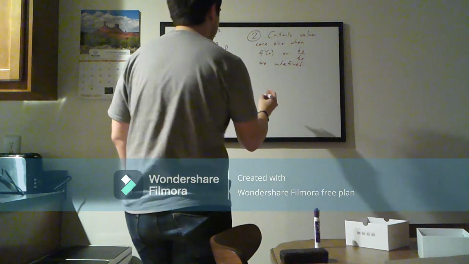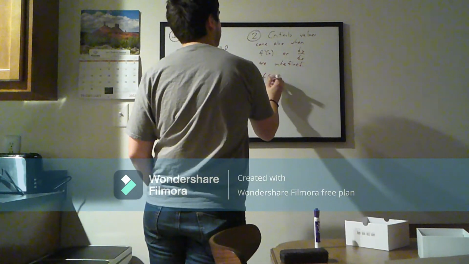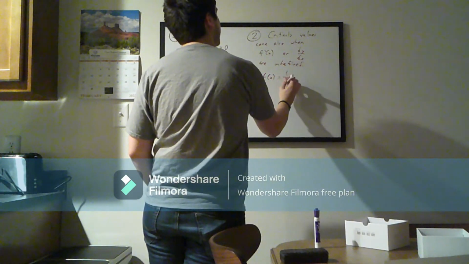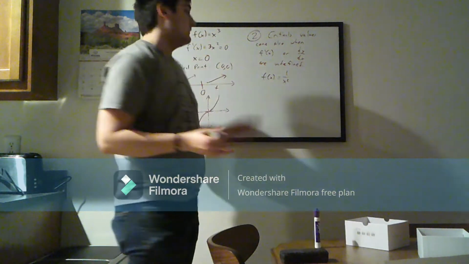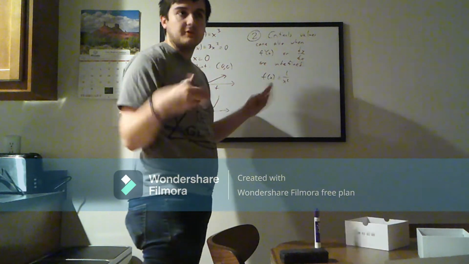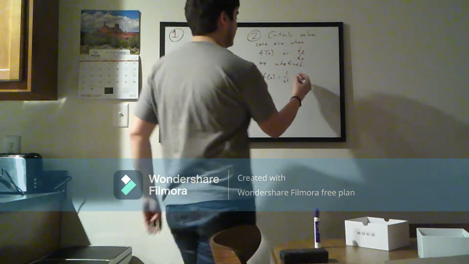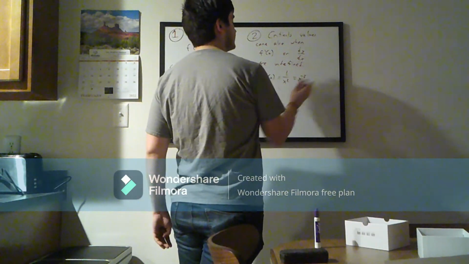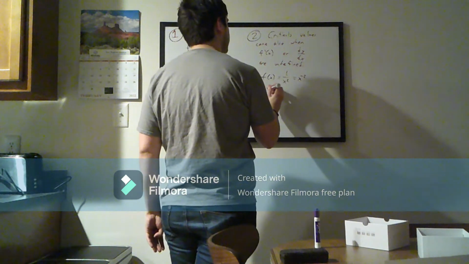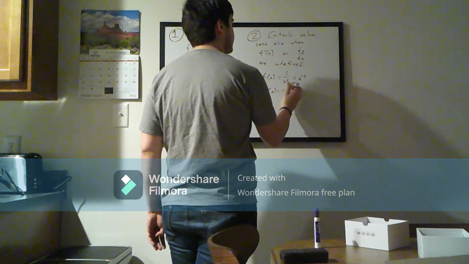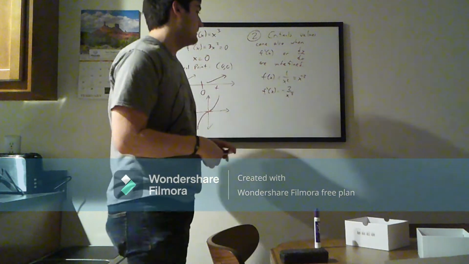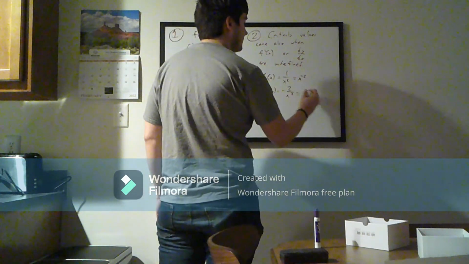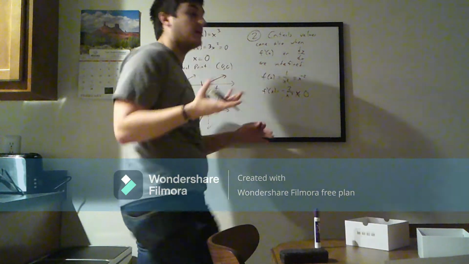So, here's a good example. Let's talk about f of x is 1 over x squared as a function, right? When we take the derivative of this, and you should be able to remember some of your derivative rules, we want to rewrite this as x to the negative second power. So then f prime of x is going to be negative 2 over x cubed, right? If we try to set this equal to 0, we're going to have a problem, right?